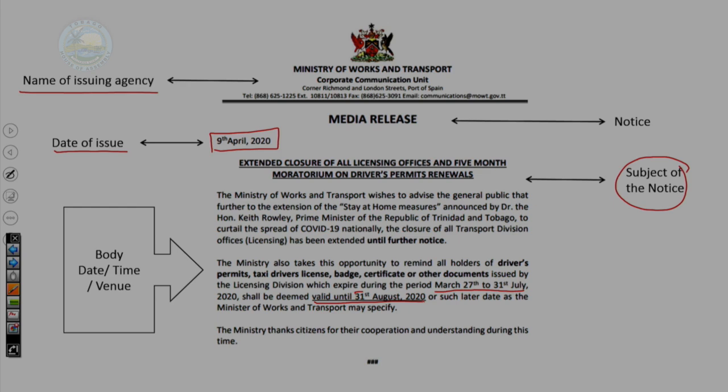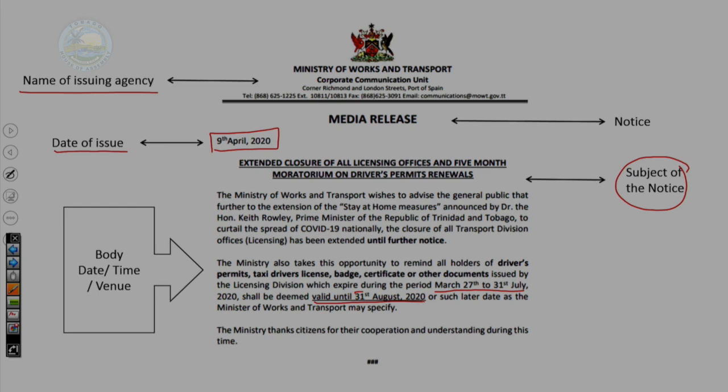So what we want you to be able to do is to take a picture of it. Take a picture with your smartphones so that you can save the information as we go through and as we go back to it. So you have your date. There is really no time other than the date, and the venue here is just general for all citizens who this would apply to. So this is our body.